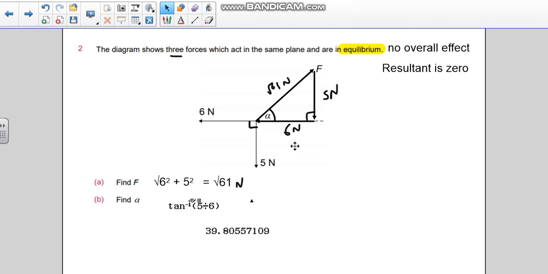Inverse tan of opposite over adjacent, which is 5/6, will give you 39.8 as alpha. Again, we're given the angle that we're expected to work out, so we don't need to worry about explaining the direction on that one. So the key word there was equilibrium, just that you end up back where you started.